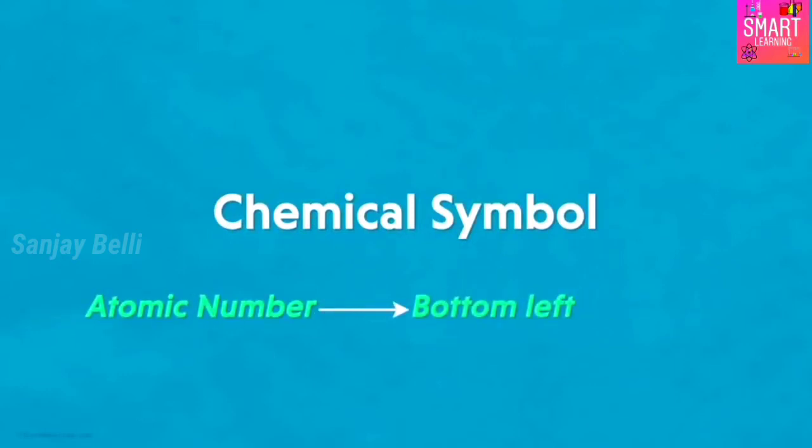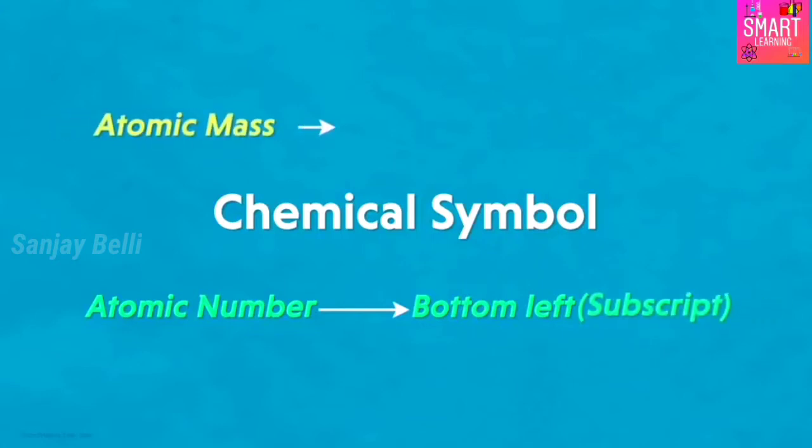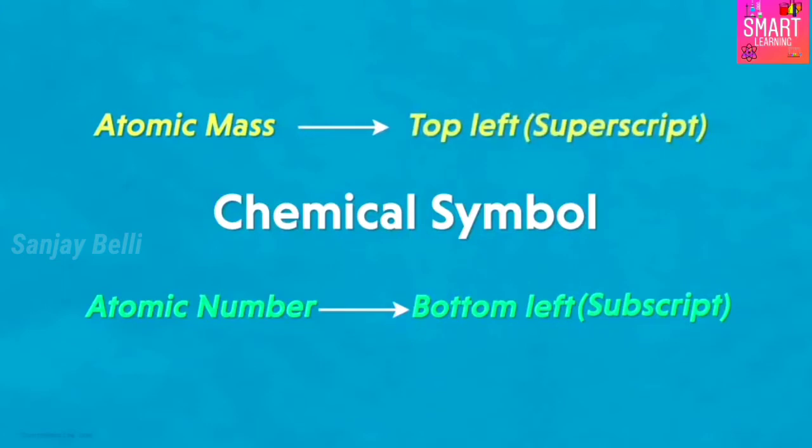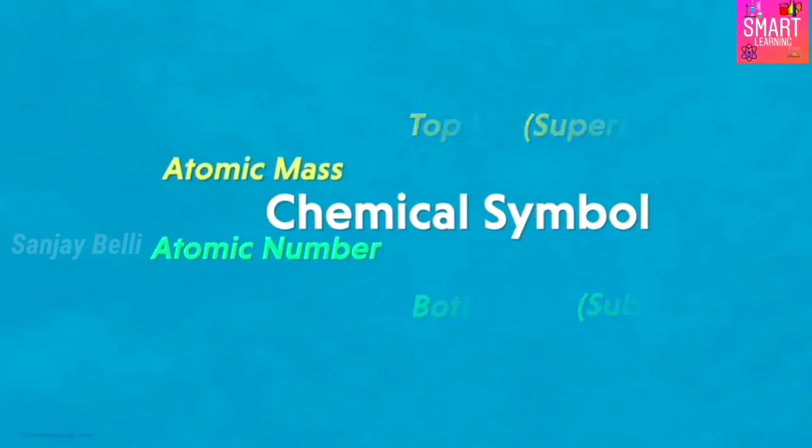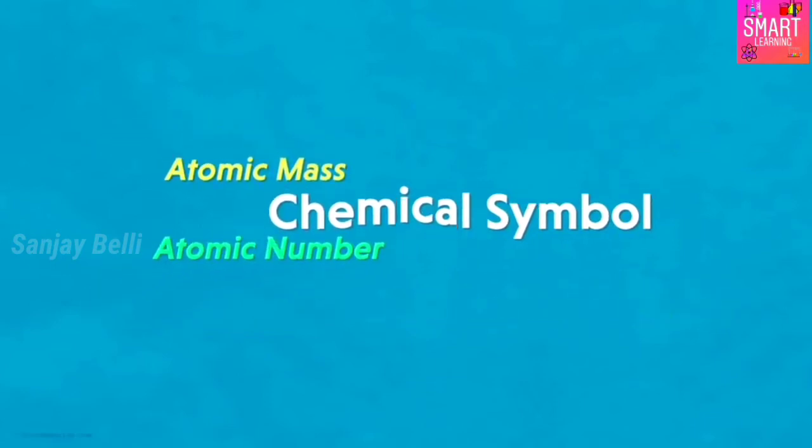Yes, the chemical symbol of the element is written with the atomic number at the bottom left side, that is in subscript. On the other hand, the atomic mass is written in the top left side in superscript, something like this. The symbol of the element, its atomic number and its atomic mass.